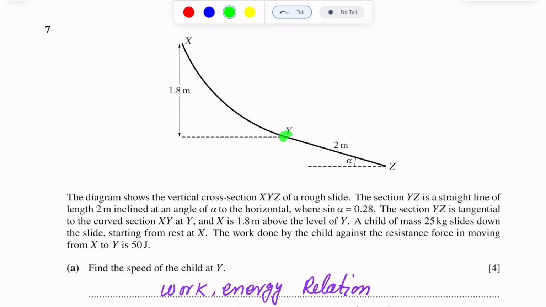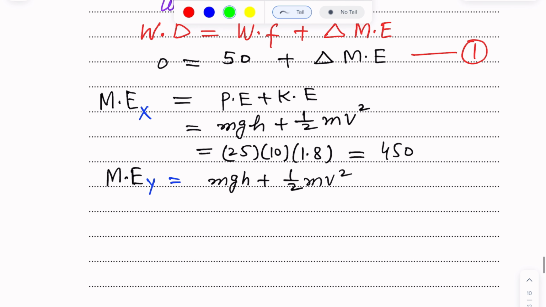So here the height will be 0, which means that there is no potential energy. Because height is 0, we are taking potential energy as 0. So we have 0 plus 1 over 2 mv square.